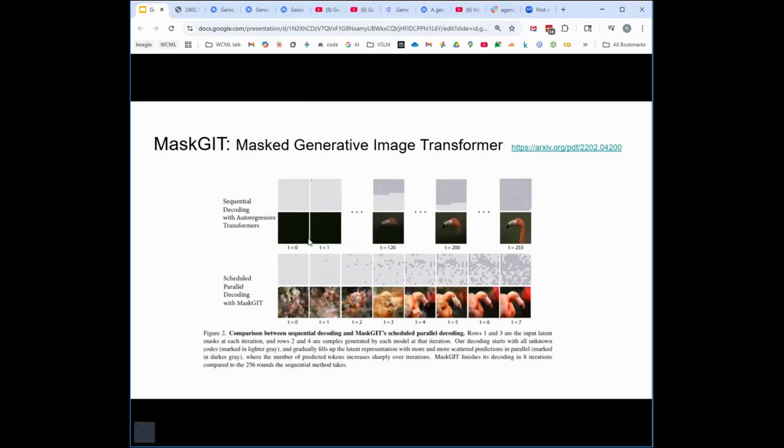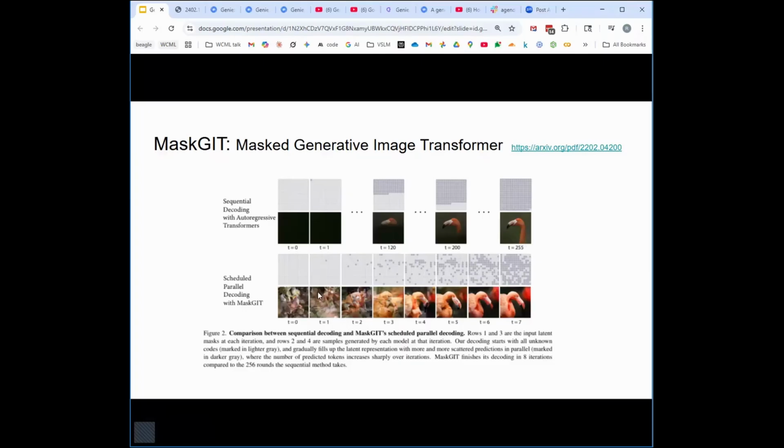In this paper, MaskGIT is more of a hierarchical one where it iterates multiple time steps. Here you're generating just one next cell each time, and so you're iterating 255 times.